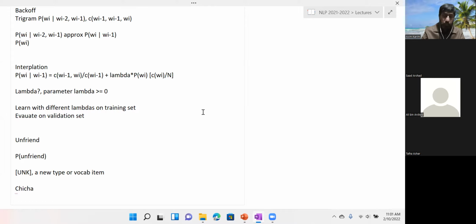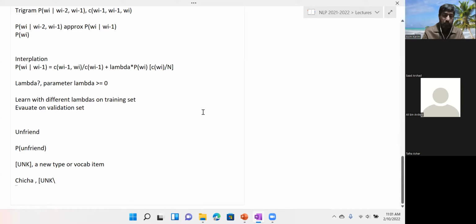So you do not keep this word. You replace this word with the UNK token. And you do this for others as well. Let's say Watni, you also make UNK.